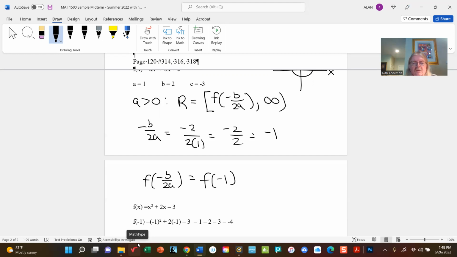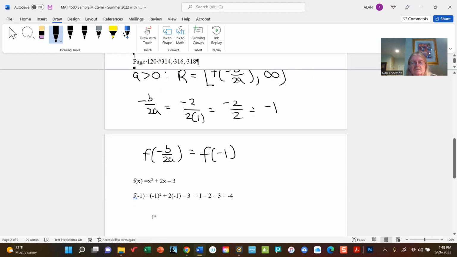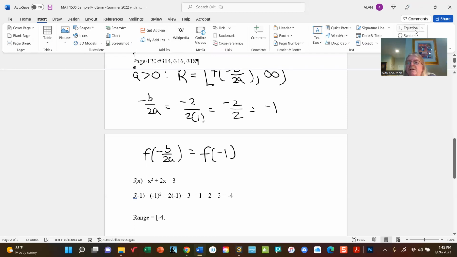Okay, so ultimately that means that the range is negative 4, comma, and now the fact that this is a square bracket means that this is in fact included in the interval. And then we have infinity, which I can get from my symbols menu here. And that's it. Okay, and you can see why.